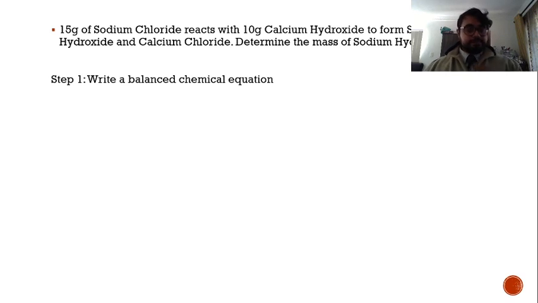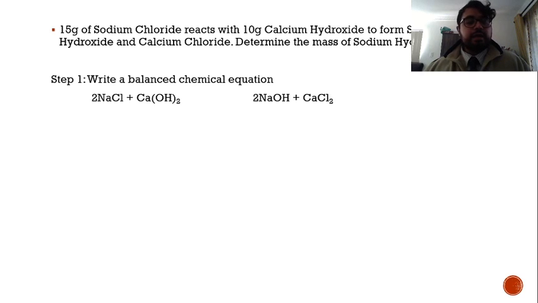Okay, so step one, we write a balanced chemical equation, and that is NaCl plus Ca(OH)2 equals NaOH plus CaCl2. I know it's balanced already, but let's look at it. We have two sodium on the reagent side and two sodium on the product side.